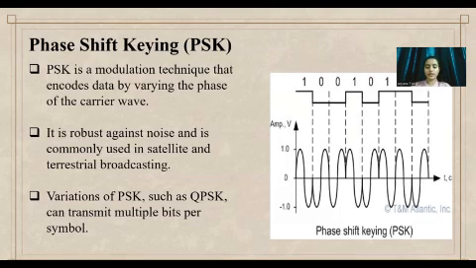As we can observe in this image, if the data changes from 1 to 0, there is a change in the waves also. If there is a continuous 0, then the waveform will be a sine wave. If it varies from 0 to 1, it changes again. Like this, the shift keying takes place.